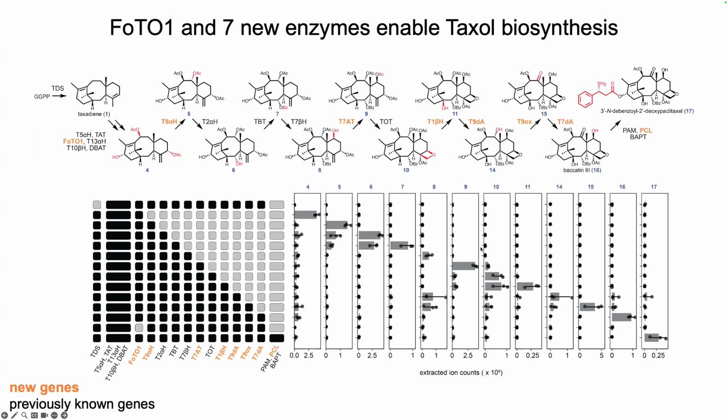All right, so just to bring all of this together, our method has allowed us to find 8 new genes in Taxol biosynthesis. Initially, we thought that we would only need on the order of 3 or 4, but several of our hypotheses at the beginning of this project were just wrong. The pathway proceeds through some intermediates that we didn't anticipate, and these temporary acetylations need enzymes both to add and remove them.